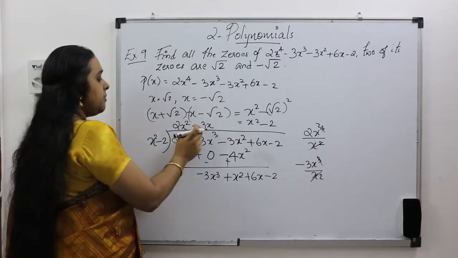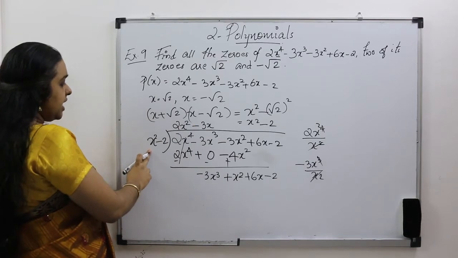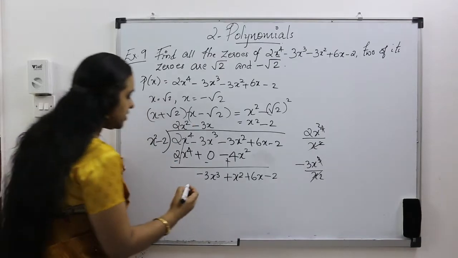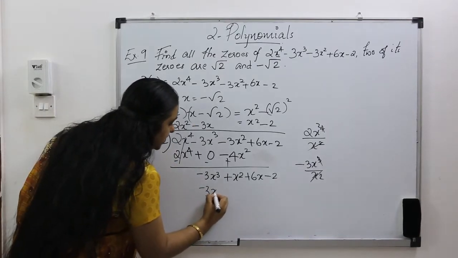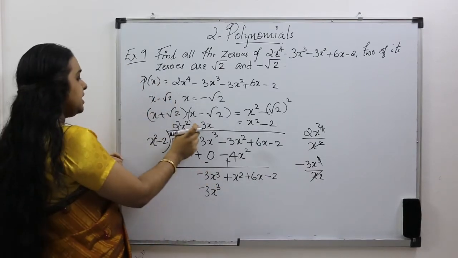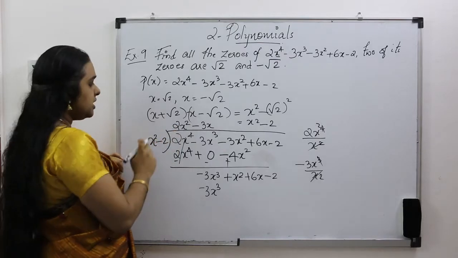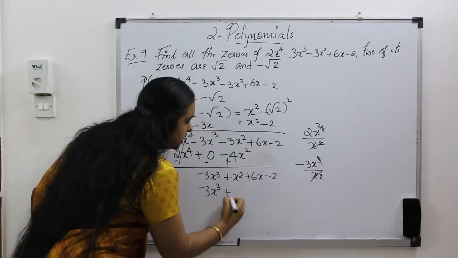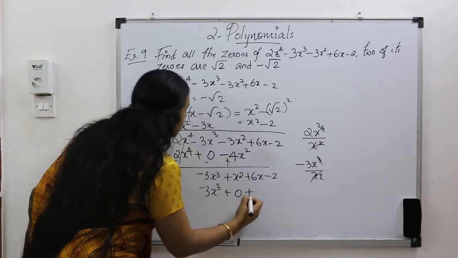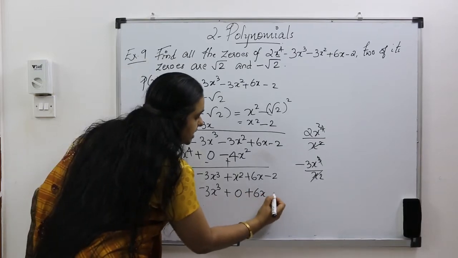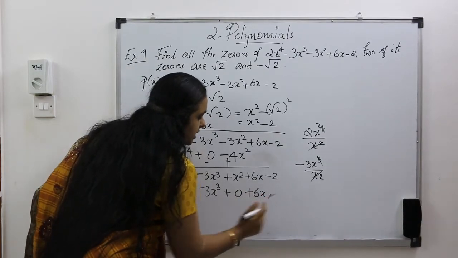Minus 3x into x square is minus 3x cube. Minus 3x into minus 2 is minus minus plus, 3 into 2, 6x. There is no x square term, so 0 plus 6x.